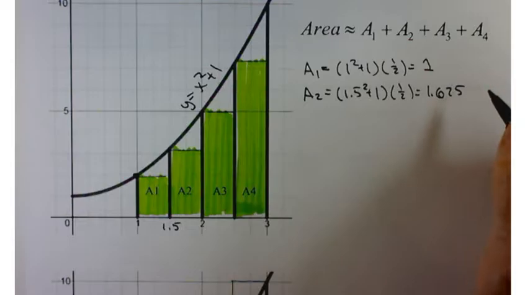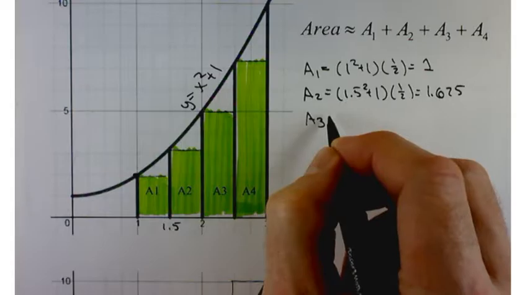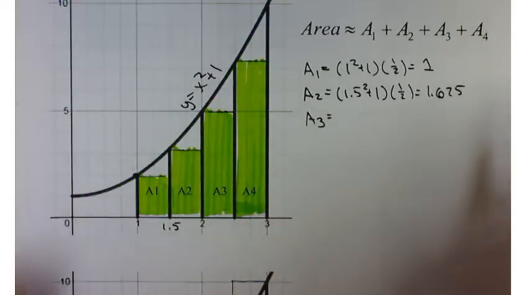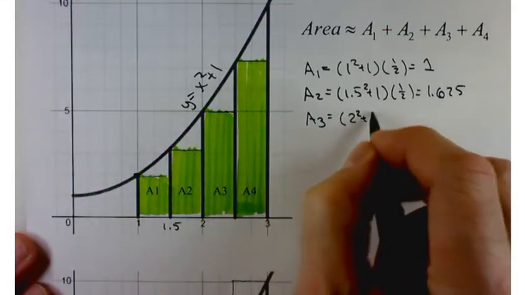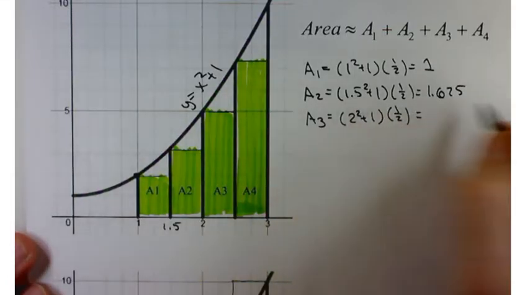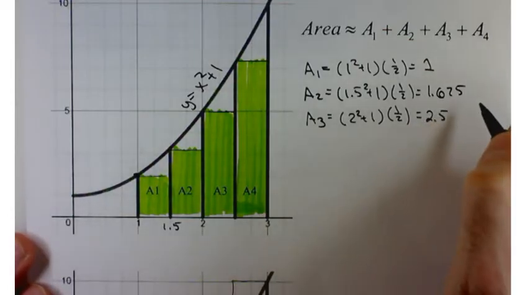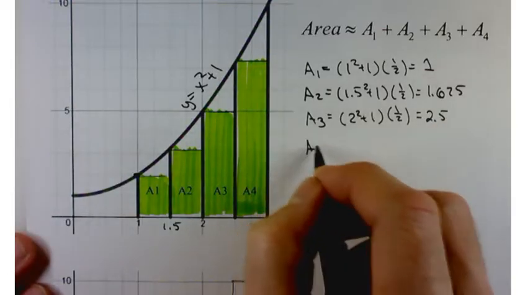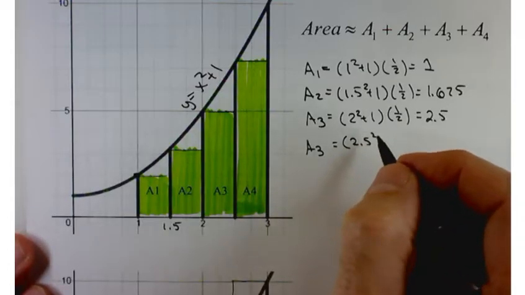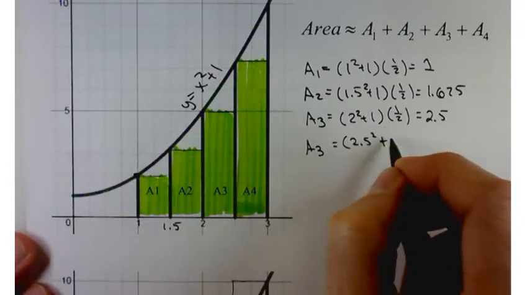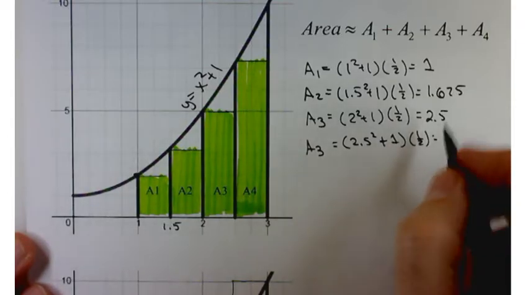Okay. And so on. Let's do 2 more to finish out our approximation. The next one's going to be 2 squared plus 1 times 1/2. So that's going to be 2.5, right? The last one is going to be 2.5 squared, which is what? 6.25 plus 1, 7.25 times 1/2, 3.625.